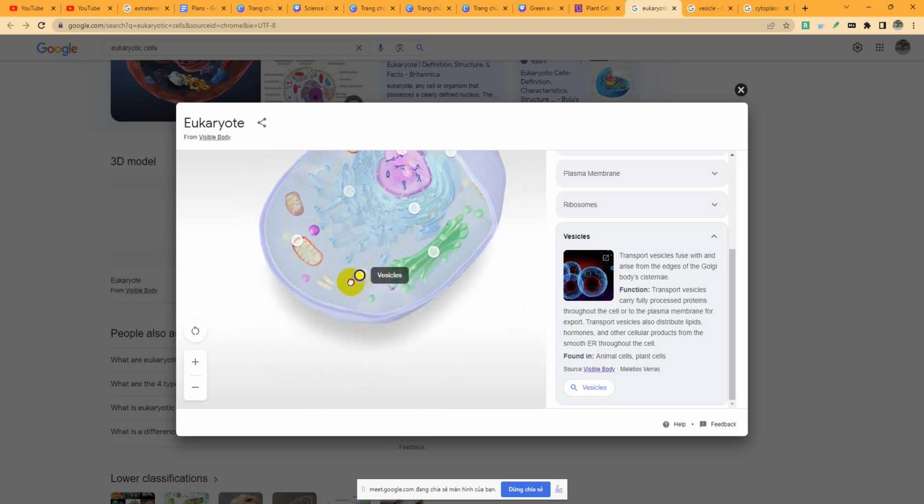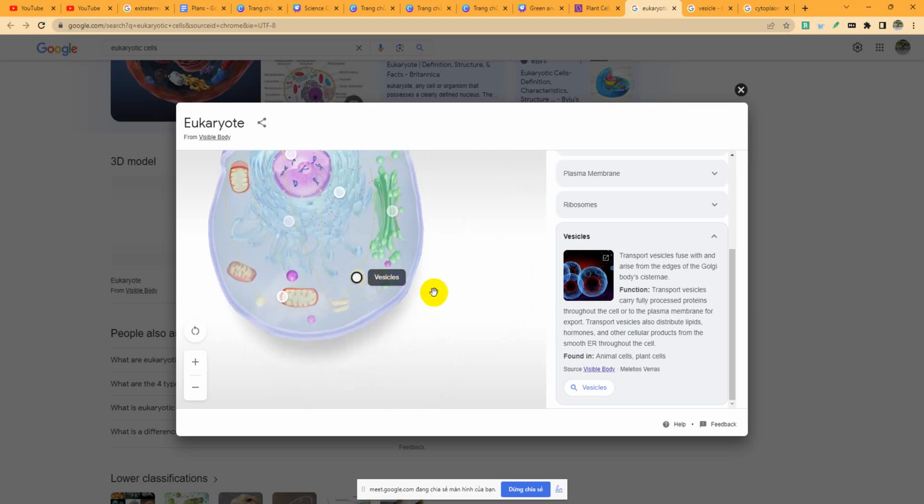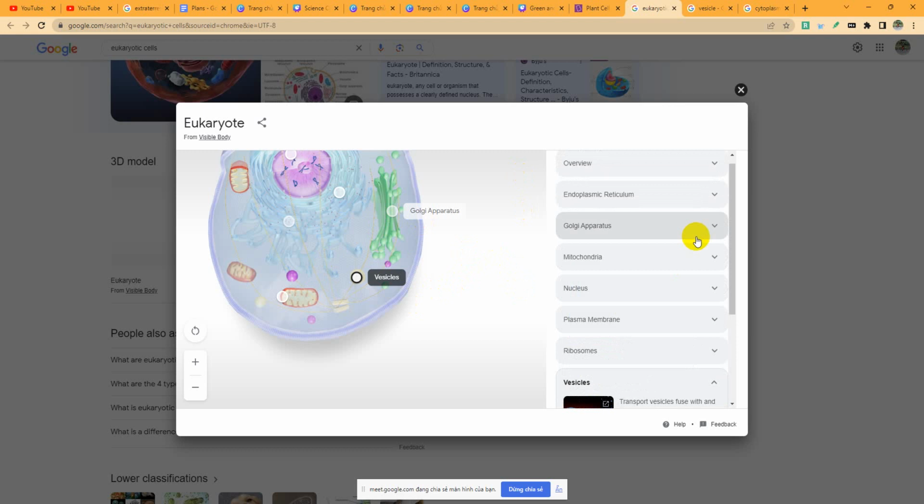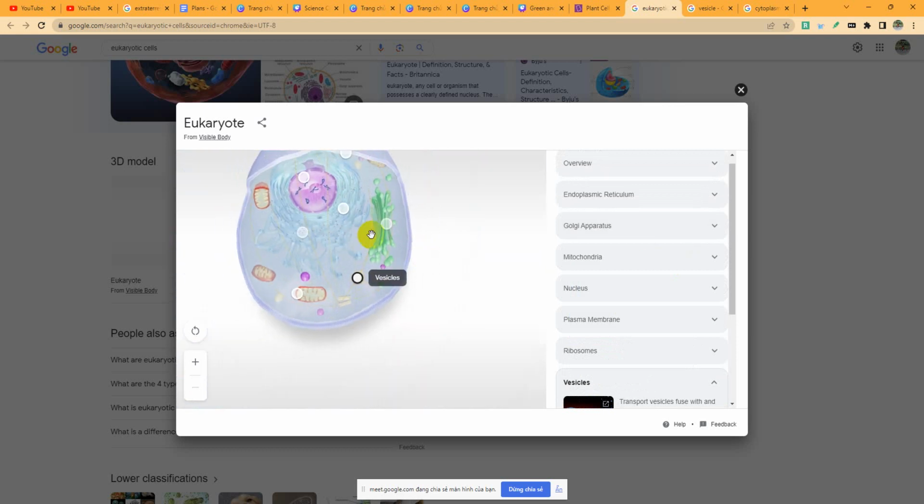So I think this is the human body cell, but there's just a slight difference between plant cells and human cells apart from the chloroplast. I think all of them resemble each other here. So yeah, that is the vesicles. That's pretty much about the human cell and the plant cell, but in this case, it is the human body cell.